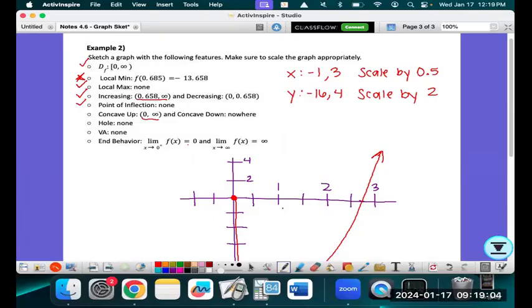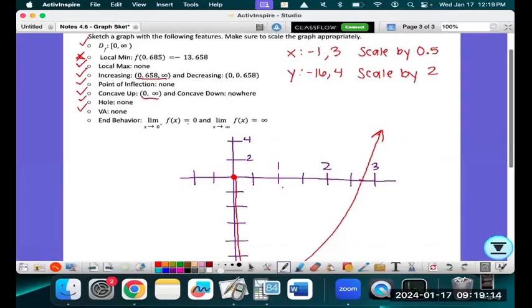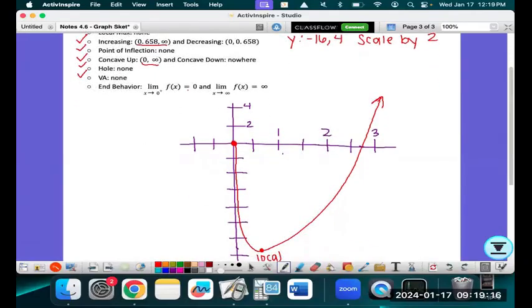My graph is never concave down. It's always concave up on that interval that's indicated. No holes, no vertical asymptotes. And if I do check my end behavior limits, as I get close to 0 from the right, my function is approaching a y value of 0. As I go towards infinity on the right side of my graph, my outputs are approaching positive infinity. So everything is taken care of here.